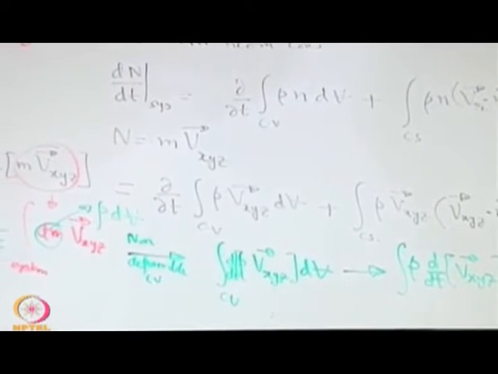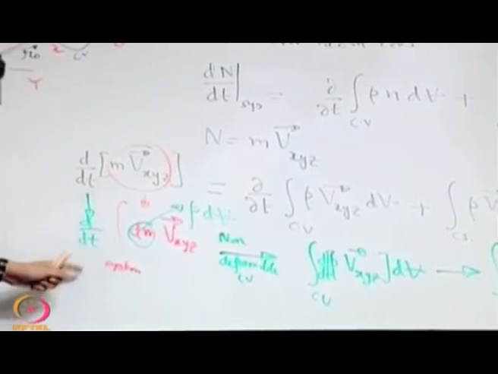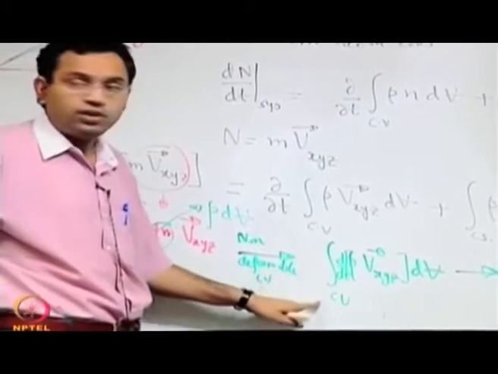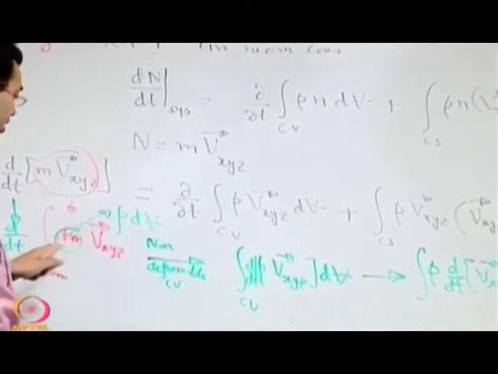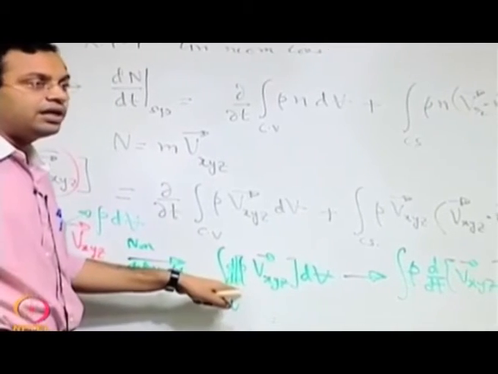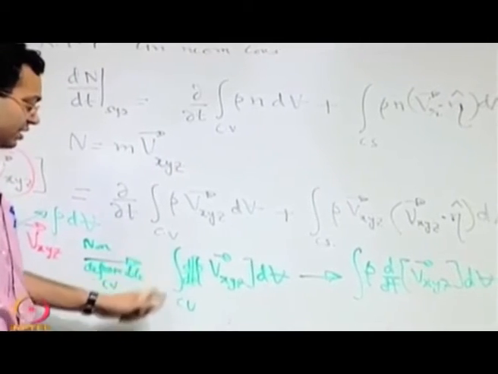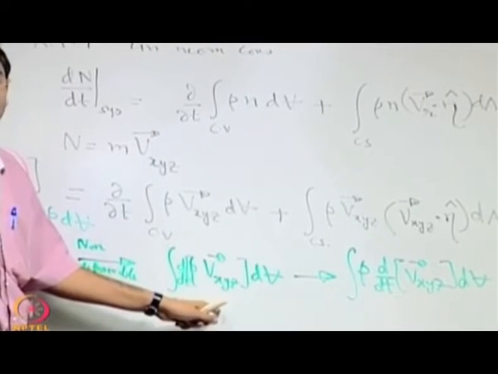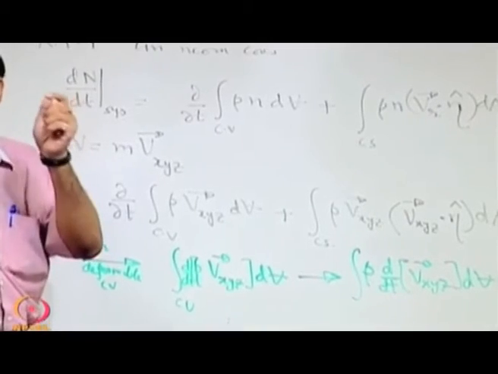The other thing is that, magically, it is as if we transformed it from the system to the control volume. That we will not do immediately, but we should keep in mind that when we write it in a limiting sense, that is dividing by delta t, in the limit as delta t tends to 0, the system tends to the control volume.